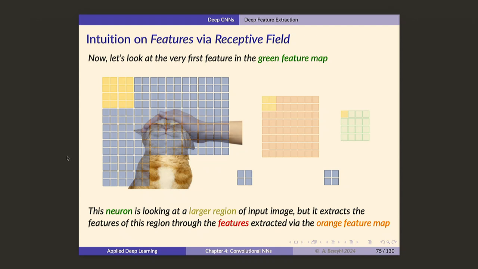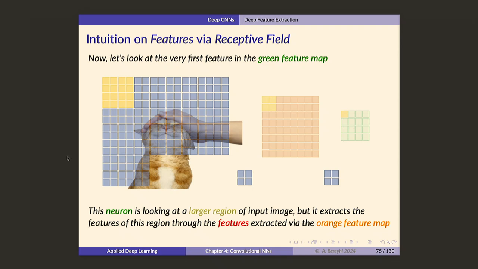So that yellow part is the receptive field of this pixel in the second layer, yeah? And you can see that as I go further, that receptive field is going to expand more and more. And at some point, it's going to get the ear of, for example, the cat into it, right?